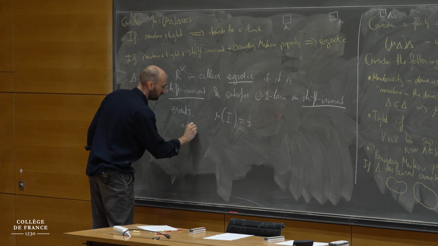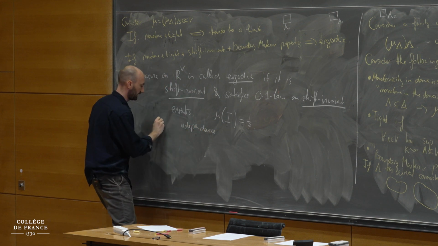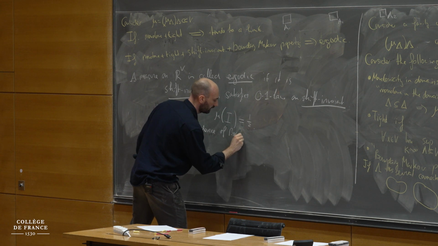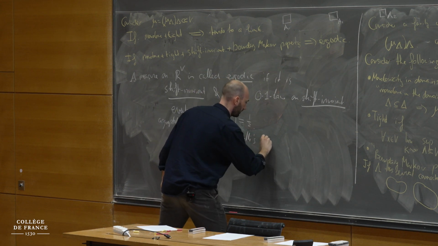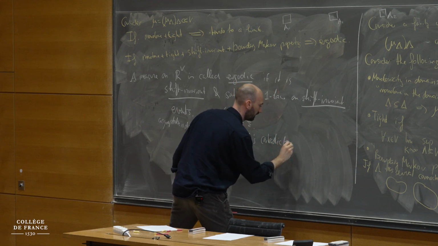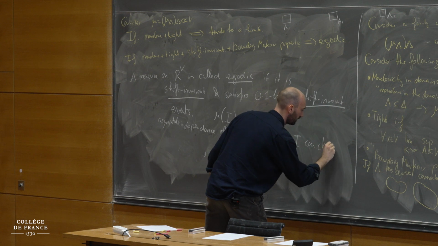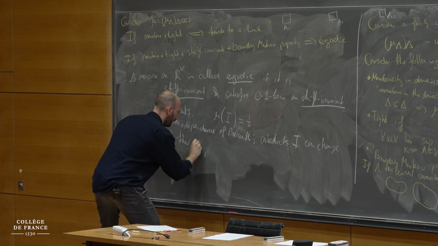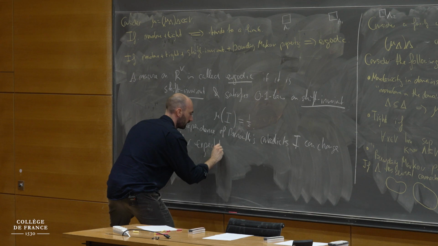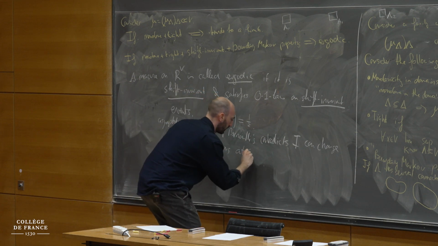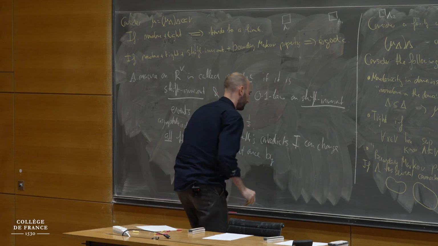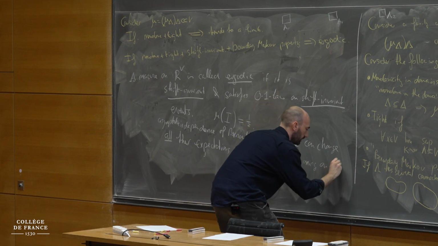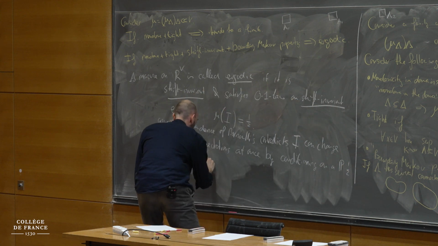So asymptotic independence of Bernoullis contradicts that I can change all their expectations at once by conditioning on a probability 1/2 event.